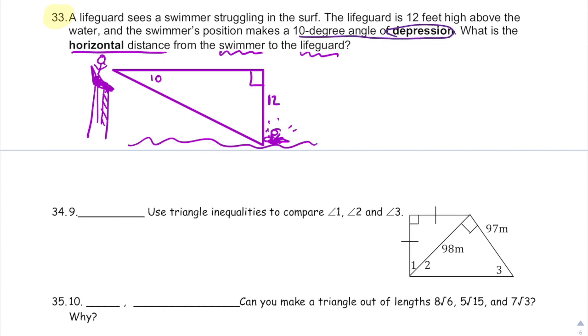It says, what is the horizontal distance from the swimmer to the lifeguard? Horizontal distance. We figure that out using trig. Here's our reference angle. 12 is the side opposite, and we want to find the adjacent side.